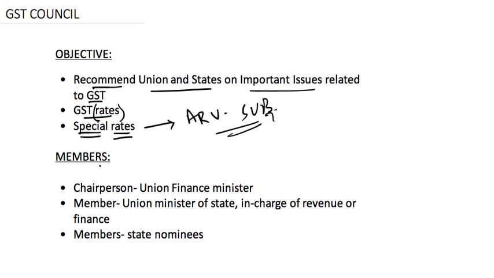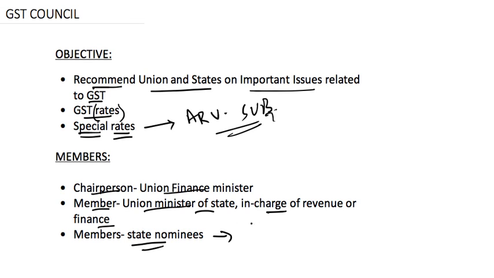Who all will be the members of the GST Council? The chairperson will be the Union Finance Minister. Then a Union Minister of State in charge of Revenue or Finance will be a member, and the other members will be state nominees.